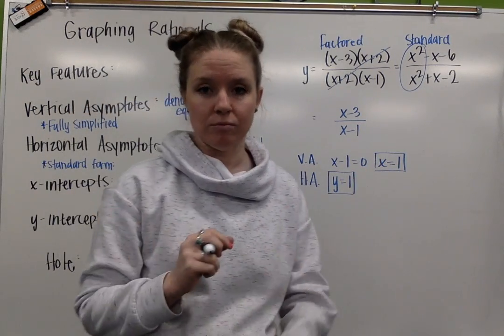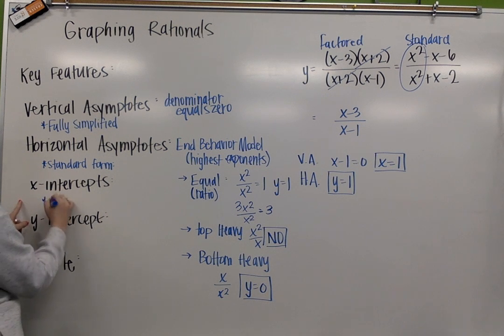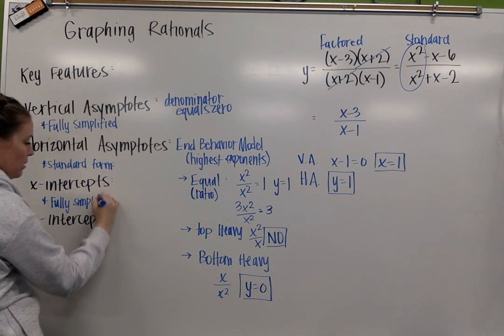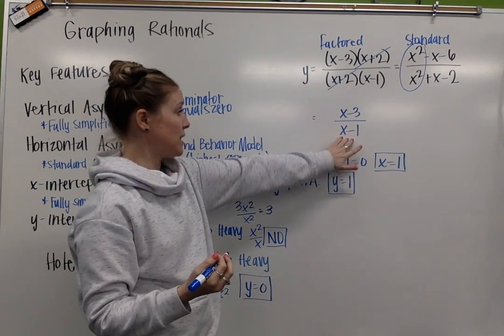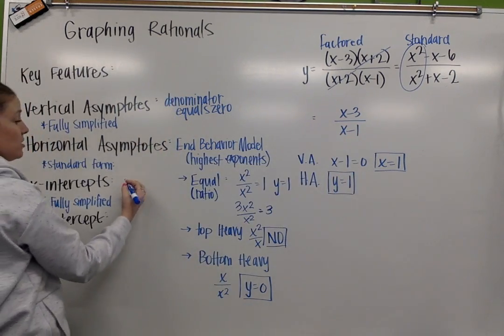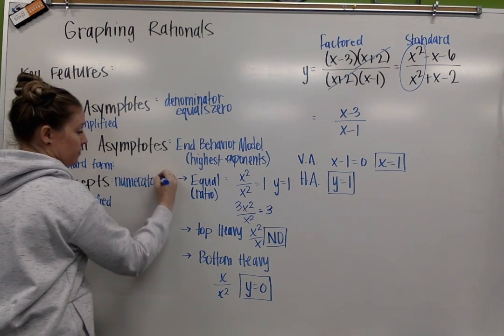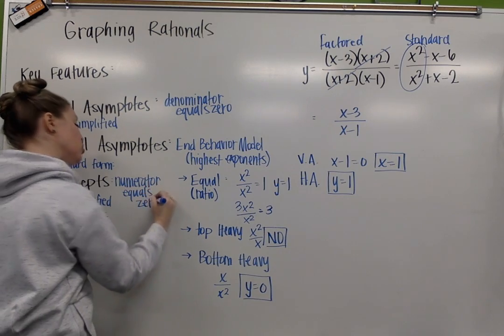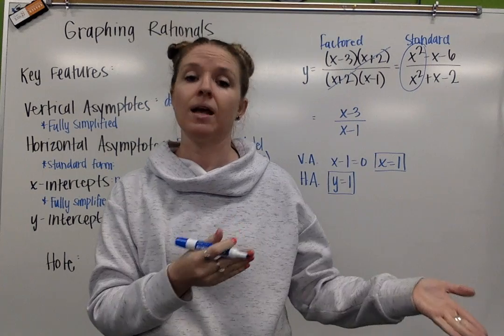Okay, horizontal asymptotes. My x-intercepts. This comes from my fully simplified equation. So we've already fully simplified, right? That's this guy. Our x-intercepts come when the numerator equals 0. So when the numerator equals 0, our entire rational function equals 0.